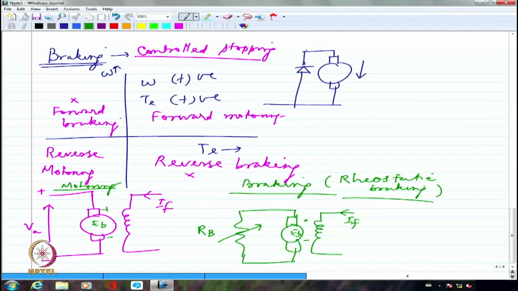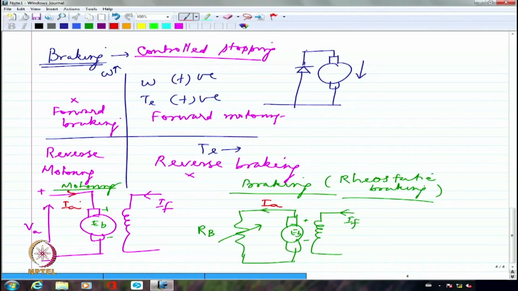So the speed continues to exist. Whether I like it or not, it will continue to rotate in the same direction because of the kinetic energy stored. So this will start passing a current in this direction. This will be the IA direction, whereas here the IA direction was this. Please note that the IA direction has reversed.